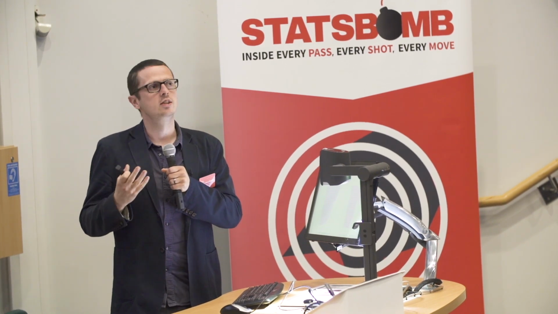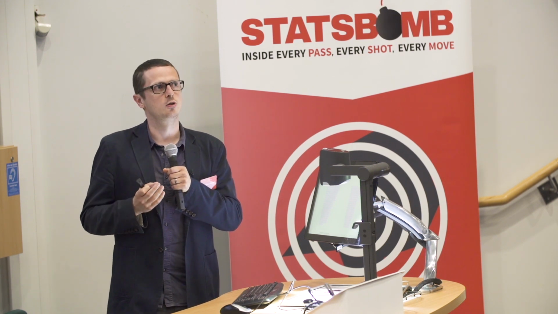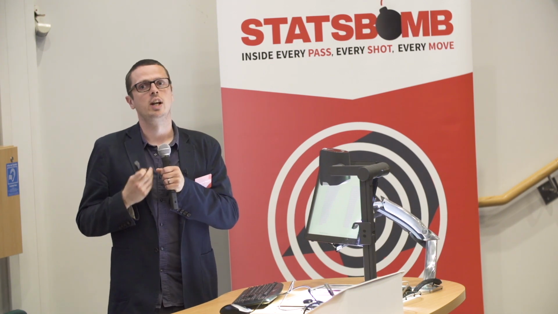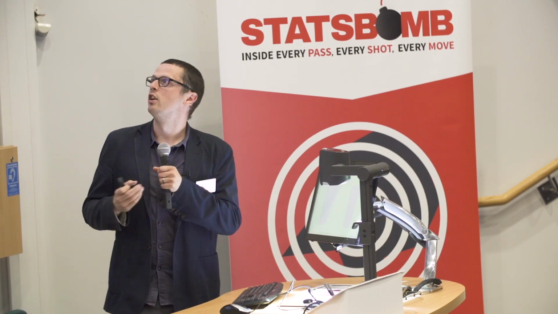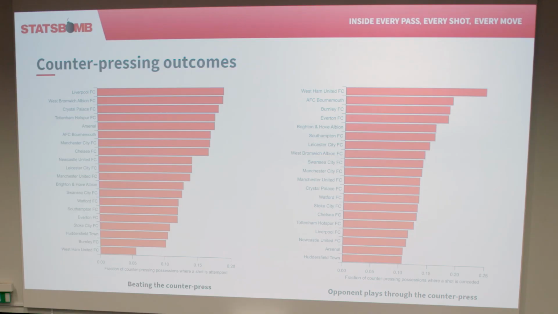So Burnley concede a lot of shots, or a decent fraction of the time there are shots at the end of those possessions, but they're generally in a slower environment, and you can imagine they're getting a better defensive shape. If we look down at the bottom, in terms of the more intense counter-pressing teams, Liverpool and Spurs are quite successful. They're not conceding many shots in those counter-pressing possessions.